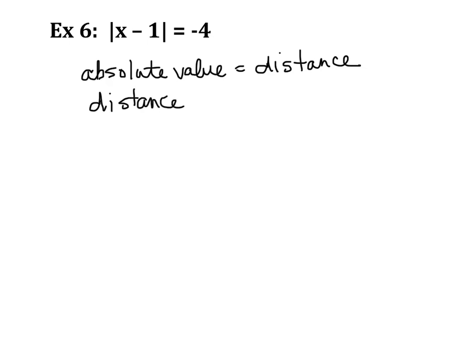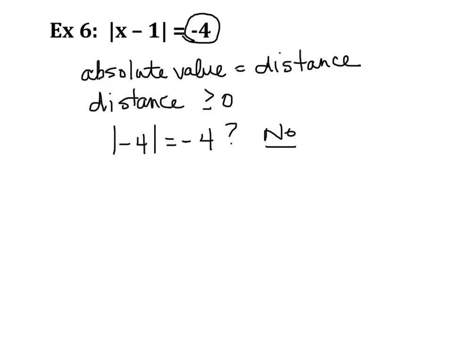It can be 0 or it can be positive, which means it has to be greater than or equal to 0. -4 is not greater than or equal to 0. Is it possible to have an absolute value equal a -4? No, that is not possible. So, in a situation like this where you have a negative answer, you will have no solution.